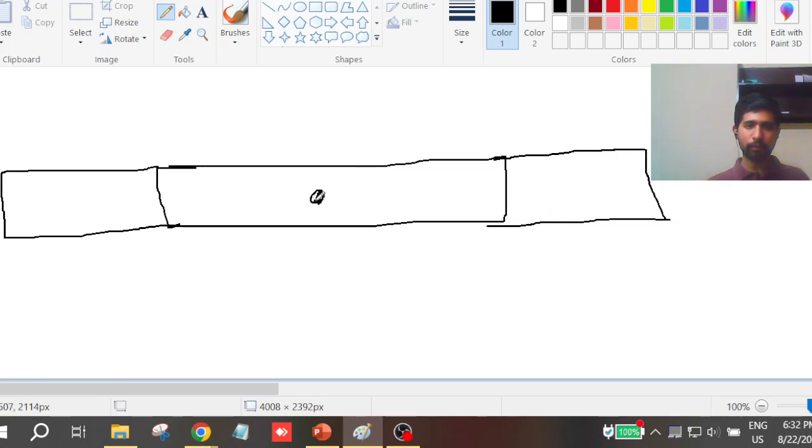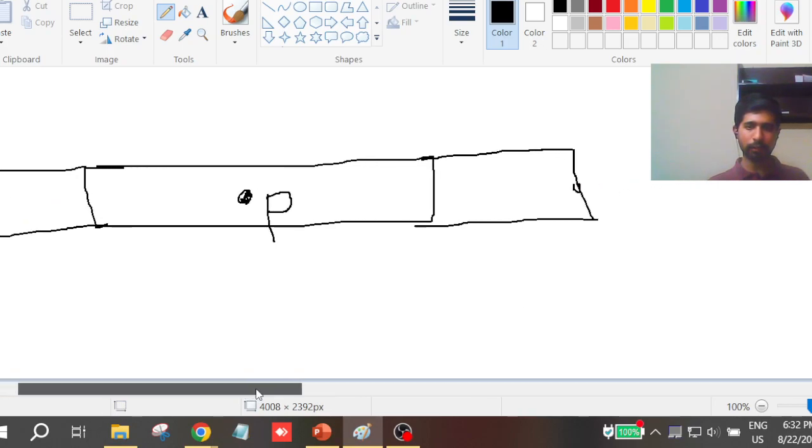Here I have my present control volume. This whole rectangle is a 1D control volume with P as centroid, and this is the centroid of the neighboring control volume. The control volume still extends, I have not drawn it properly, but the centroid of that control volume, let's say E.